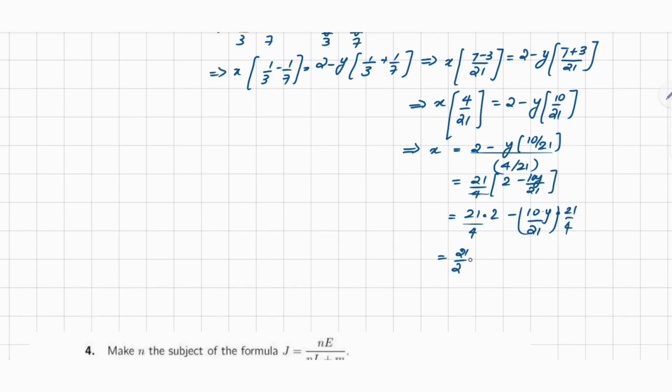That gives us 21 over 2 minus 10 over 4 times y. That's 5 over 2. So x equals 21 over 2 minus 5 over 2 y, which is our final answer.